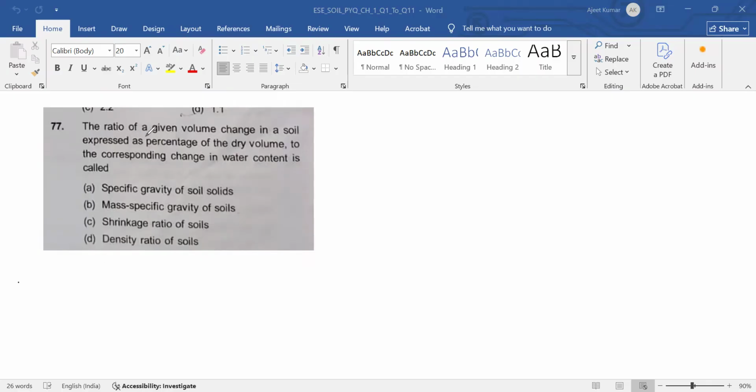The ratio of a given volume change in a soil, expressed as a percentage of dry volume, to the corresponding change in water content is called. This question was also asked in ESE 2019. Question number 76 and question number 77 are the same question, and were asked in the same year.